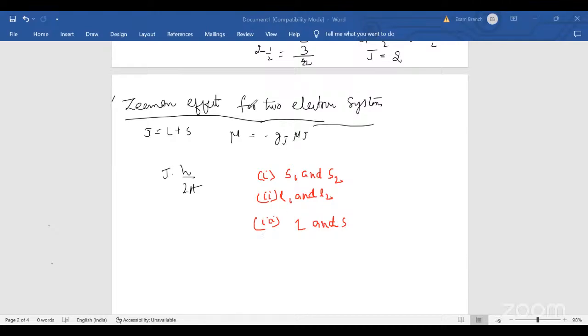Now according to the classical model, we have seen about Larmor precession. What is Larmor precession? As it is moving around, it has an angular velocity.